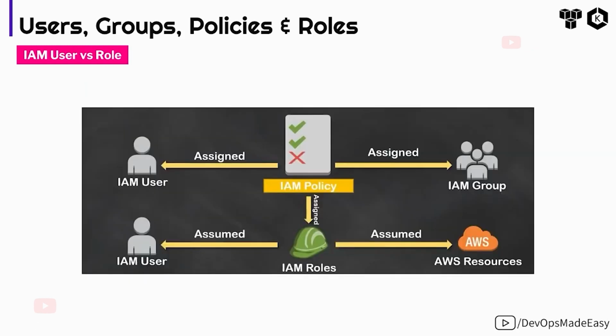If you have an IAM policy, I can either attach it to an IAM user or attach it to an IAM group. Also, if you are assigning it to an IAM role, it can be a bot or it can be another AWS service. Then that IAM role will get access to AWS resources.